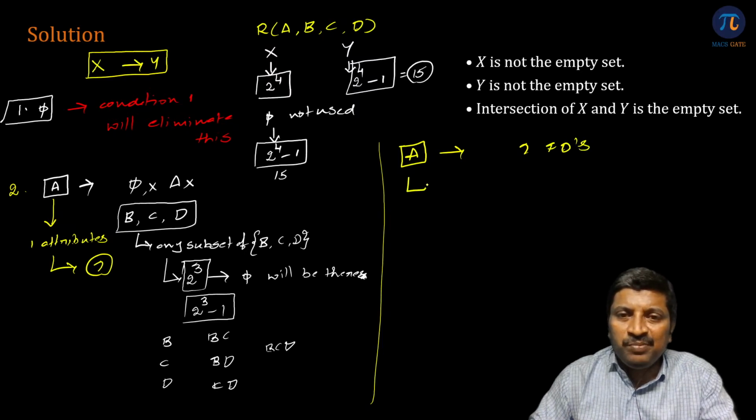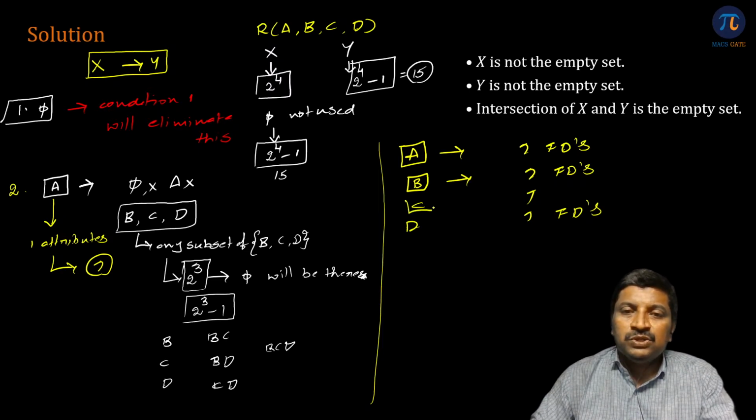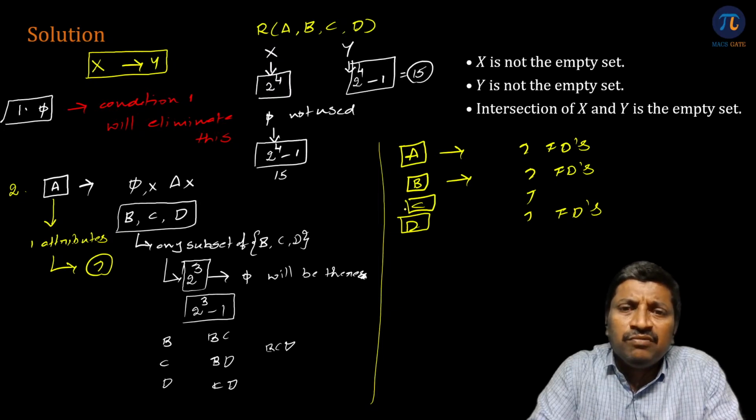The same will happen whenever I have B, so 7 elements. Similarly for C, similarly for D. So this is when the left side has only one attribute.